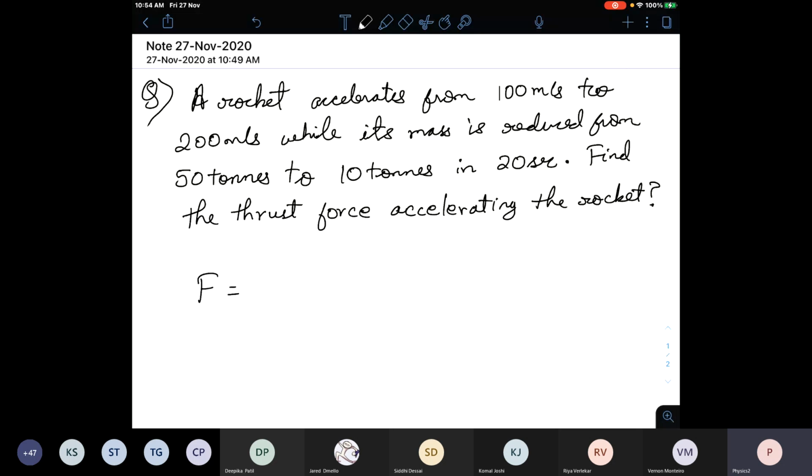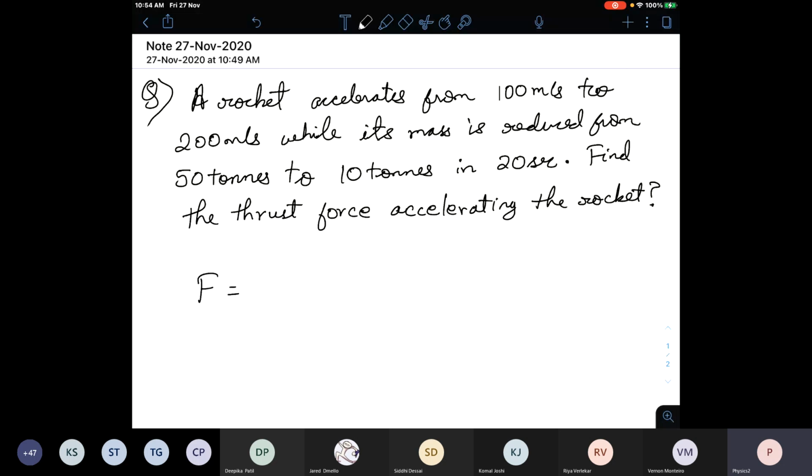In this formula, what is the issue? We don't have a unique value of m. Delta v by delta t is no problem, we can find that. Delta m by delta t also we can find. But what about the values of m and v? You don't have a unique value for m and v.